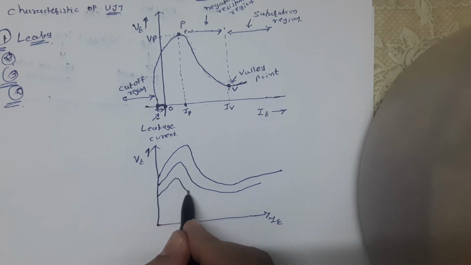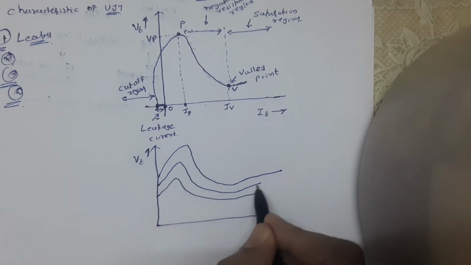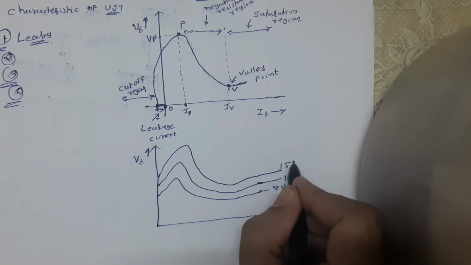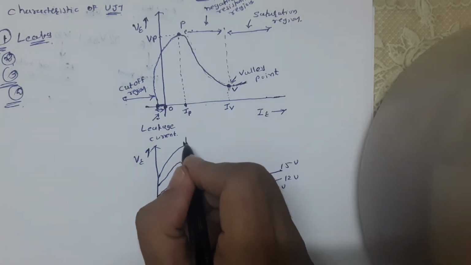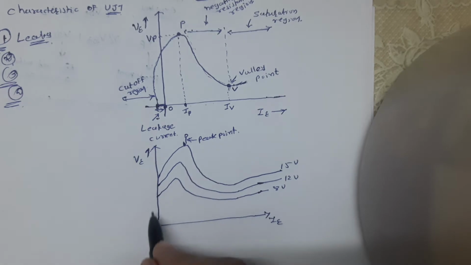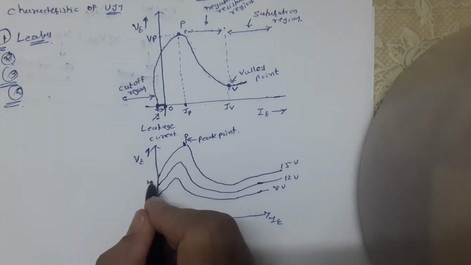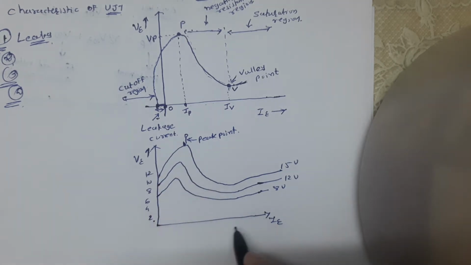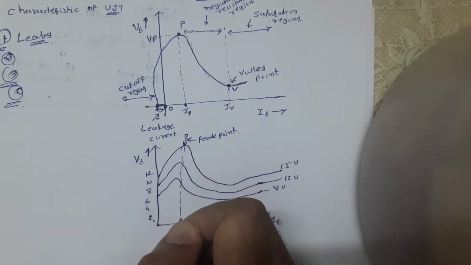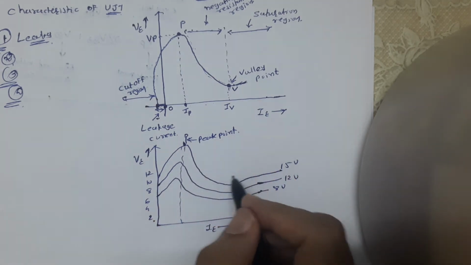In this way there are different values of voltage: 8 volt, 12 volt, 15 volt. This is your peak point. These are different values of voltage: 2, 4, 6, 8, 10, 12, like this. And this is your IE. This is your peak value, and this is your valley point.